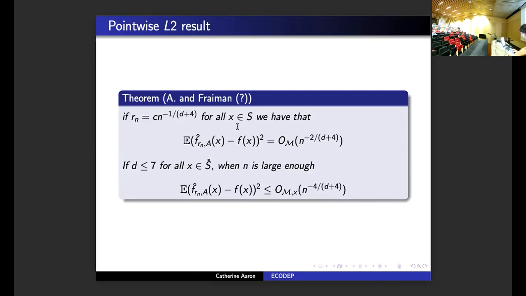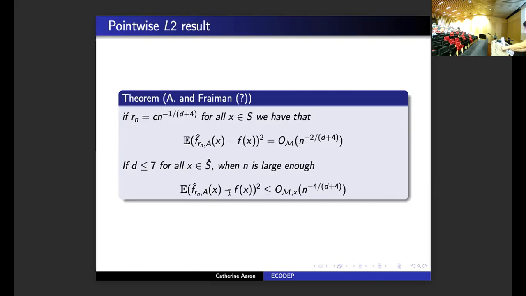We have an extra additional result, which is that the density estimator converges everywhere in the support, so including on the boundary of the support, with a rate which is the square root of the rate inside.